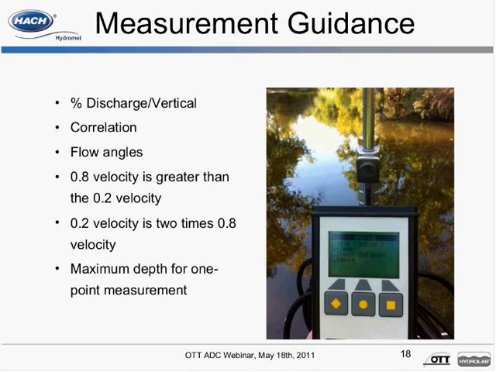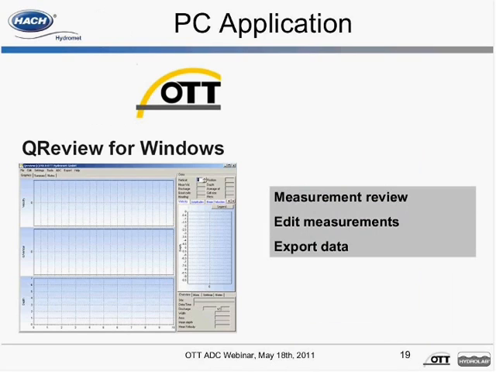Now we'll take a look at the QReview software and we'll review a discharge measurement. We will now open a discharge measurement file that was downloaded from an OTT ADC.